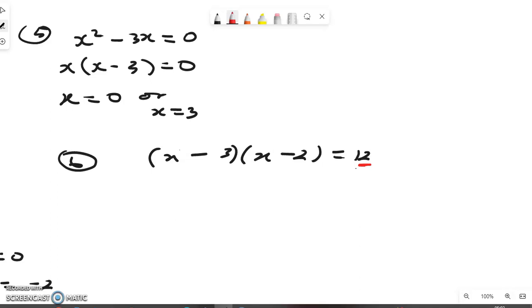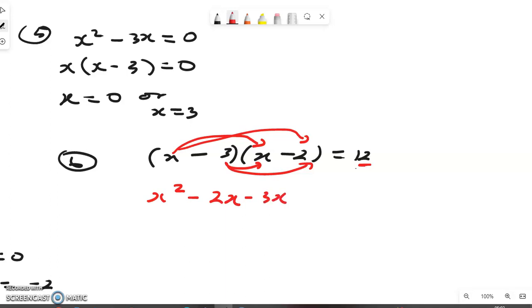So therefore we must first multiply. You remember each term times each term. So this is x squared, minus 2x, minus 3x, plus 6. x times x is x squared, x times -2 is -2x, -3 times x is -3x, -3 times -2 is +6. Then the 12 we move to the left, so -12 is equals to 0.